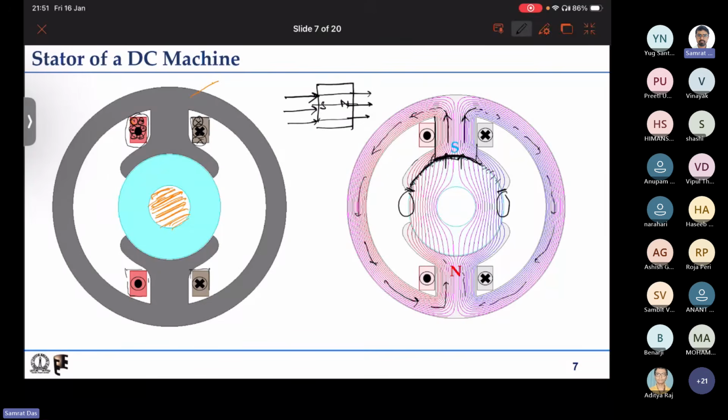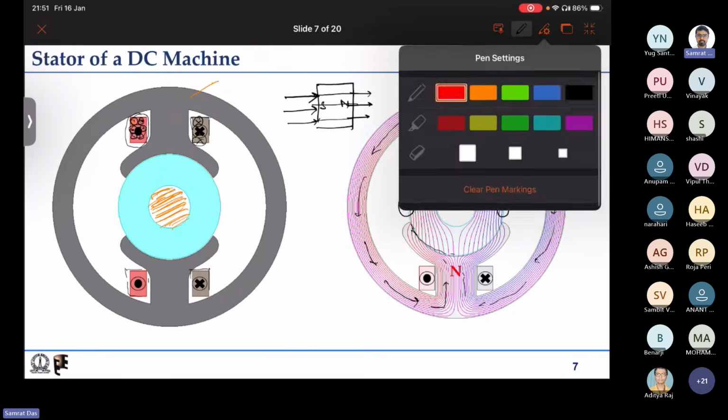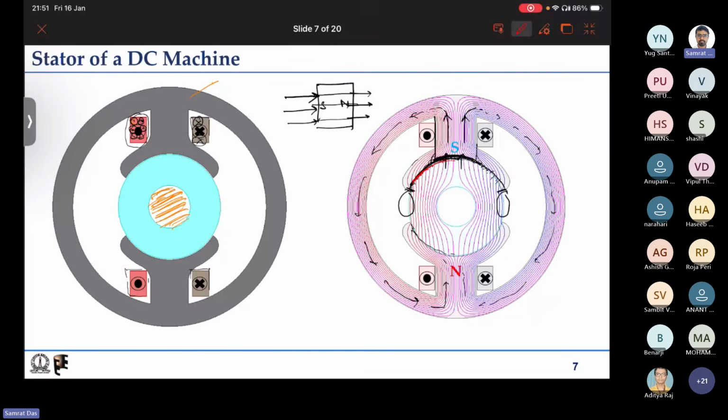So we have created a reasonably high flux density in the air gap region. But if our rotor, or whatever we have kept in between, is also a ferromagnetic material, then from this rotor surface, flux lines are coming out.